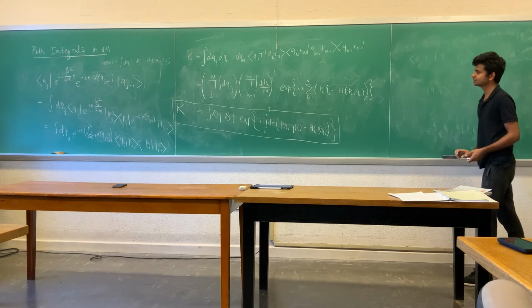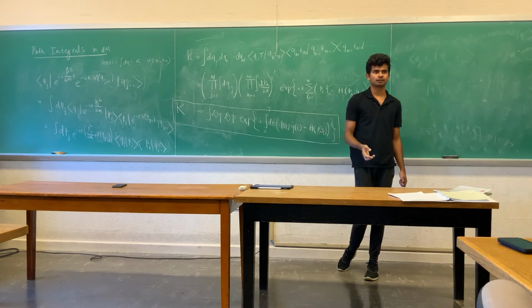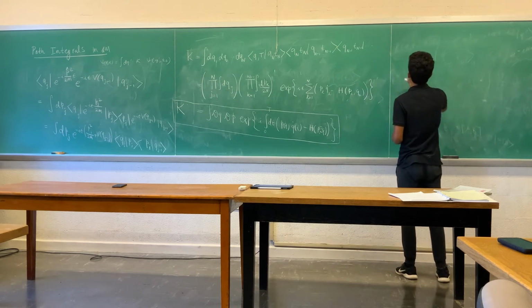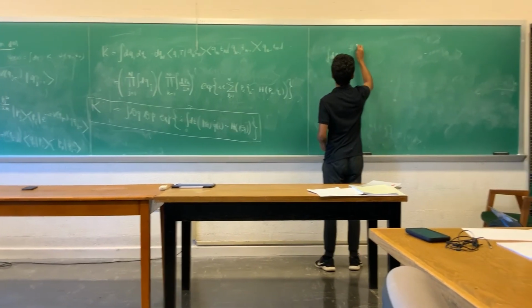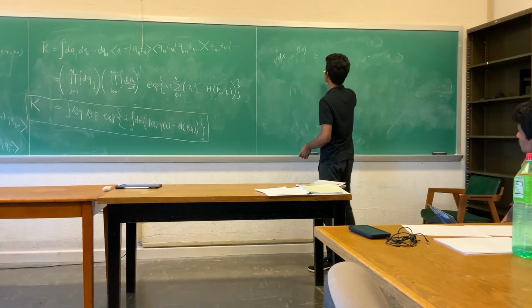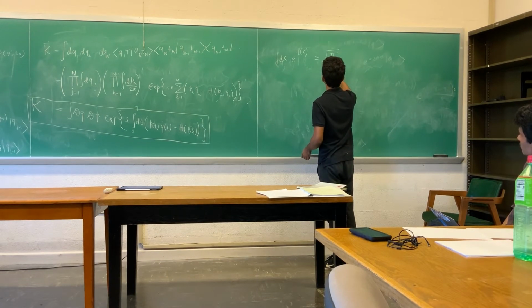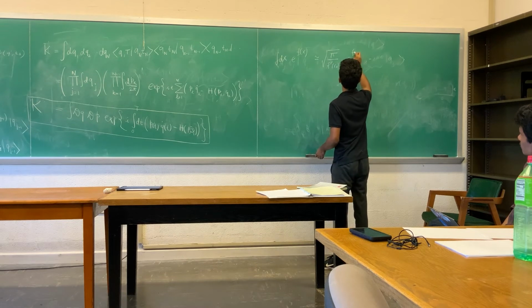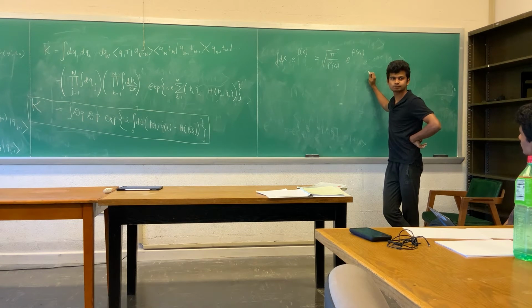Now let's specialize to the case when the Hamiltonian is just quadratic. We have this formula, which is approximately equal to the saddle point formula. You remember how to derive this? It's simple.